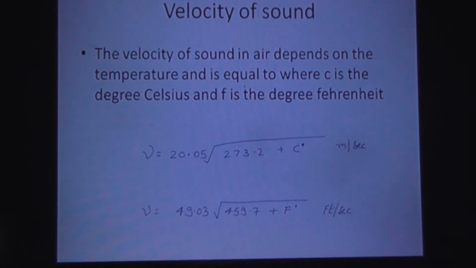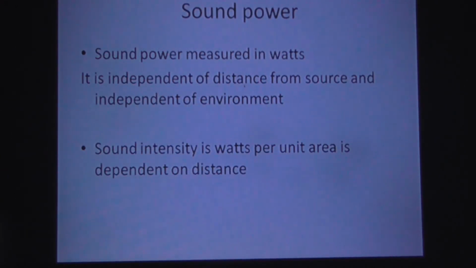And F is the Fahrenheit, where velocity is equal to 49.03 under root 459.7 plus F, in feet per second. So friends, we see the velocity of sound formula, and after that, sound power.